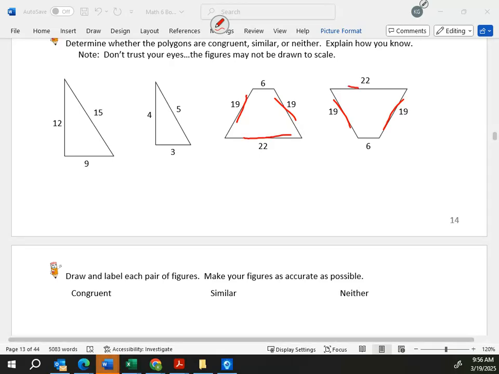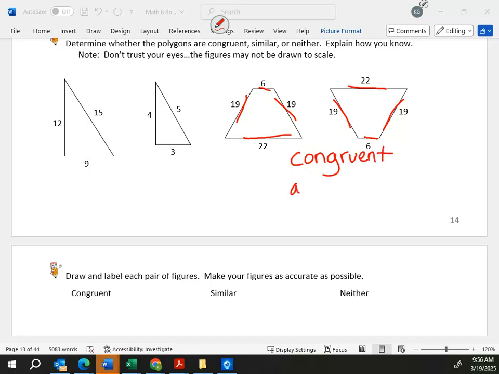The long sides are 22. Short sides are both 6. What does that tell me about these two polygons? Lila? They're congruent. So I'm going to write congruent here because all sides are congruent. So I know they are congruent polygons.